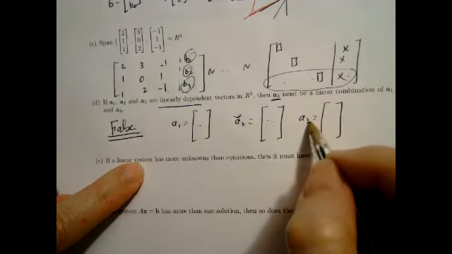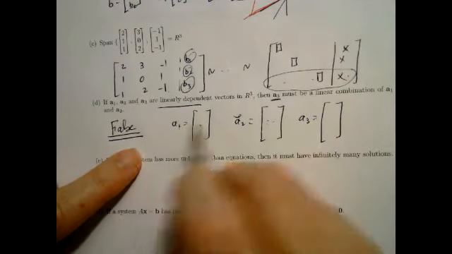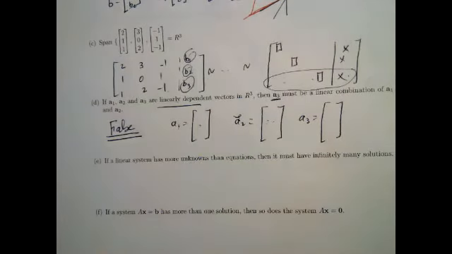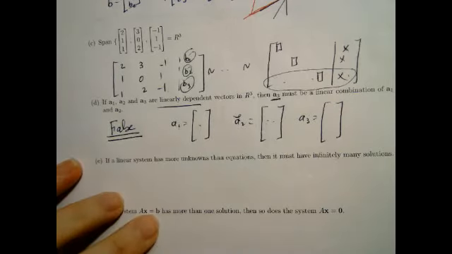There is no way you can get to A3 by combining A1 and A2. Who can think of easy examples? Anybody can think of any example, they can unmute and tell me the example. If A3 is a scalar multiple of A1 or A2.